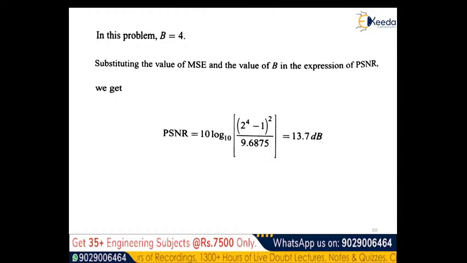So if we put both into the formulation of the PSNR, the computation will be like this. PSNR, to obtain the value in decibels, is 10 into log to the base 10 multiplied by the ratio where the numerator is 2 to the power 4 minus 1 squared, whereas in the denominator we put the value of the MSE that we just computed.